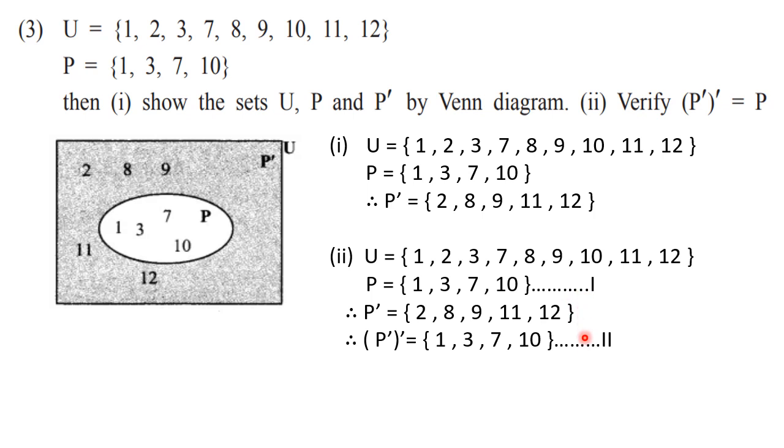So from this 1 and 2, what we can write is P double dash is equal to P, or complement of P complement is equal to P. So from 1 and 2, we have proved that complement of P complement is equal to P, or complement of a complement is the set itself. Okay. I hope all of you must have written the solution and you must have understood it.